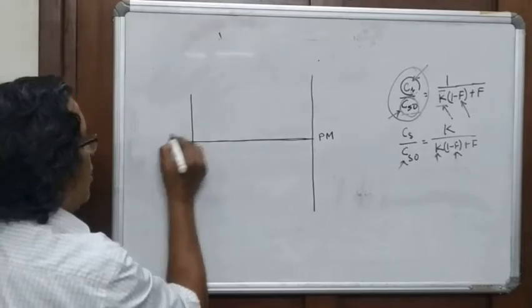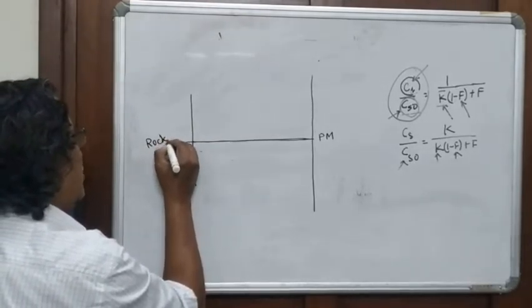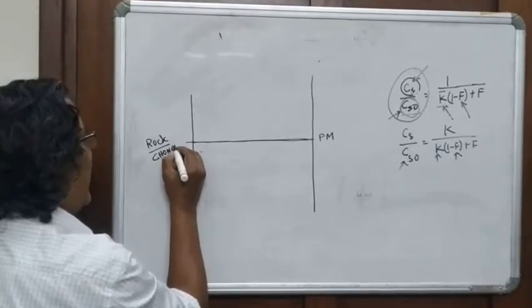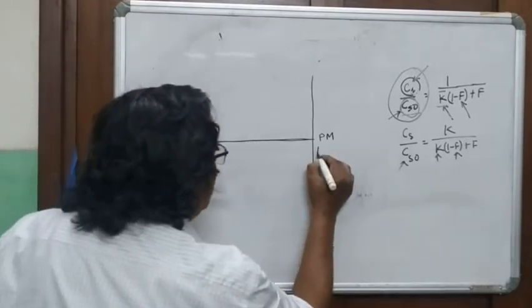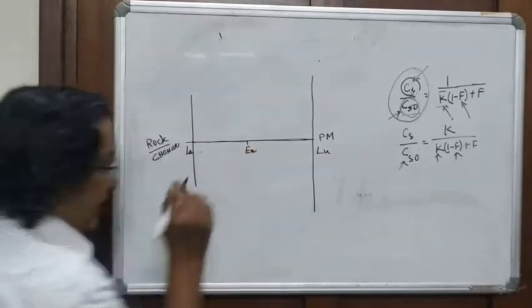And this is chondrite normalized rock, rock by chondrite. This is lanthanum here. This is lutetium here. Somewhere it's iron here. Now follow this correctly very much.